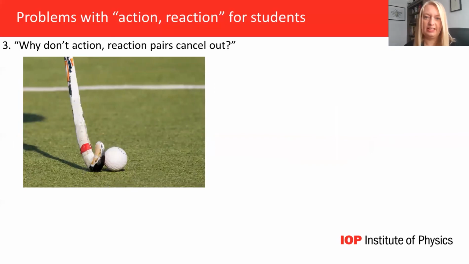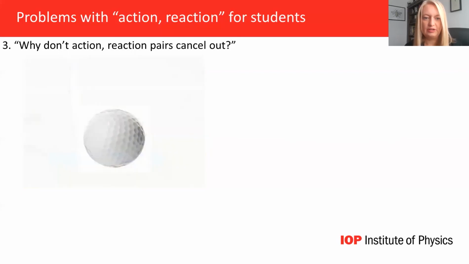Brings us on to our last issue that students sometimes have with Newton's third law, if they're starting to really think about it more deeply. And that is, why don't these action and reaction pairs cancel out? So again here, when we're thinking about developing a forces model, we're encouraging them to isolate the ball and just think about those forces that are acting on our ball.